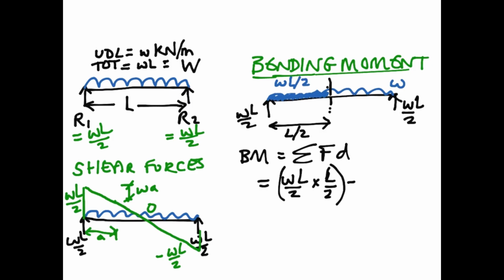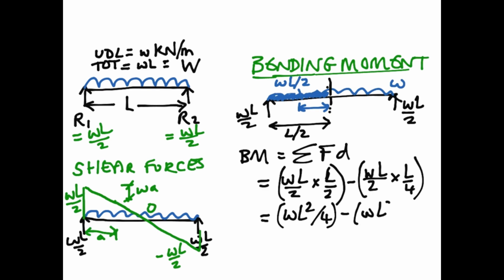So the total force acting the other way is WL over 2, times a distance. That distance is from where the centroid of that load acts, which in this case will be L over 4.